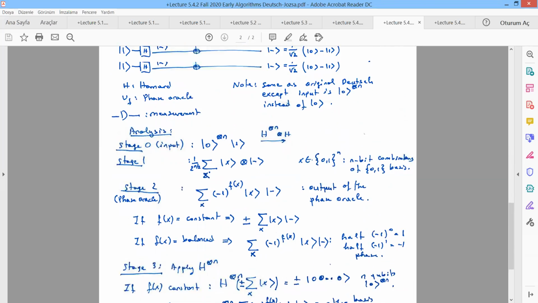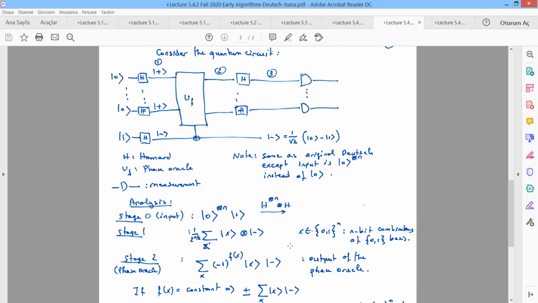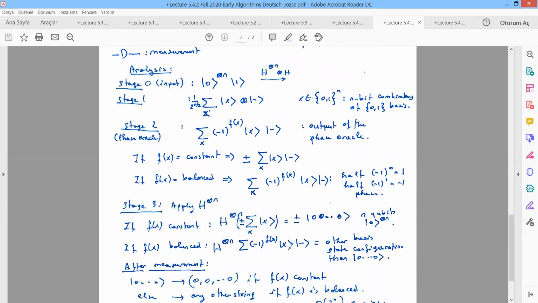So at stage 3 now, we apply the Hadamard again, Hadamard tensored n, on this state. Let's take the two cases separately. Let's suppose f of x is constant, and we apply Hadamard tensored n to this constant state. Remember, Hadamard tensor n is also its own inverse, because Hadamard is its own inverse.